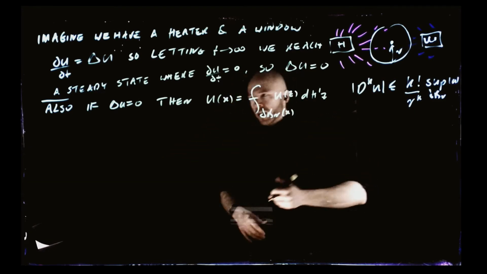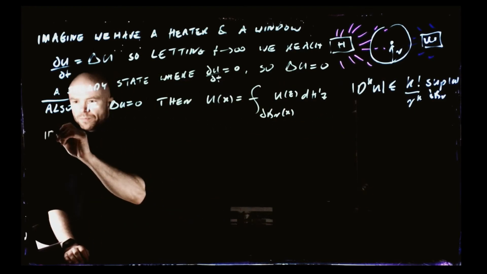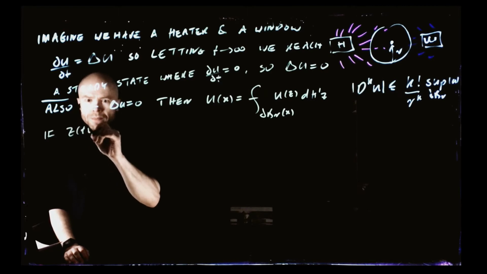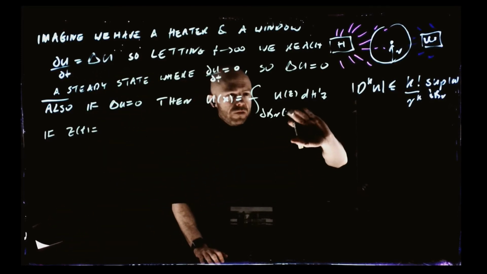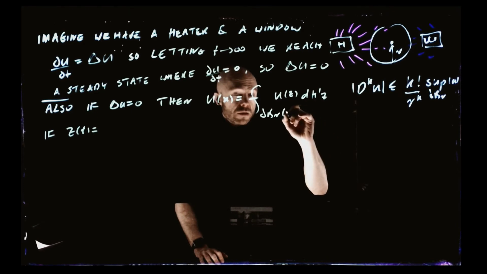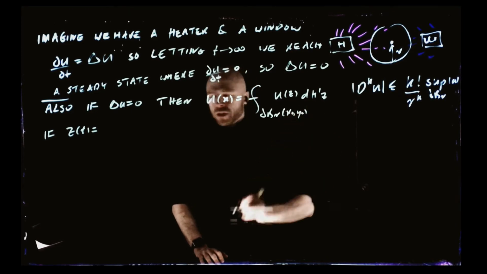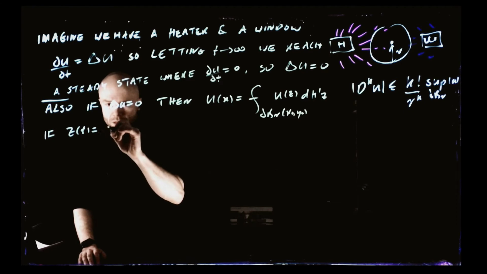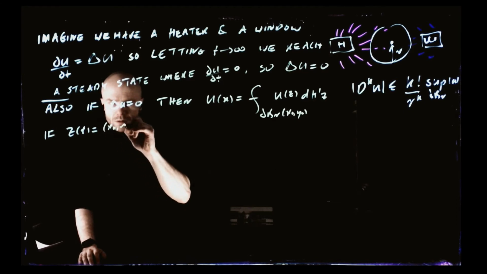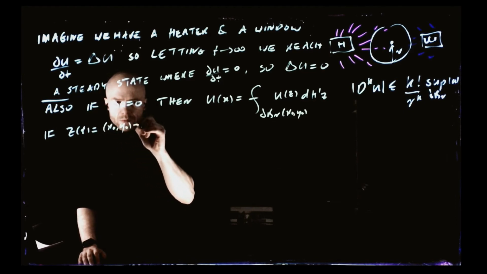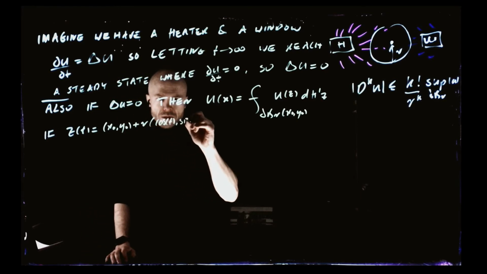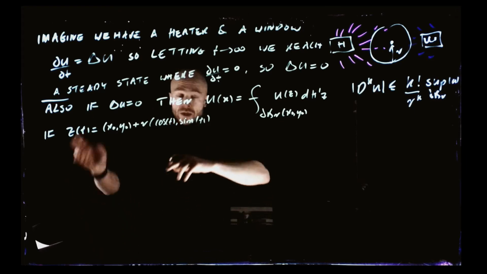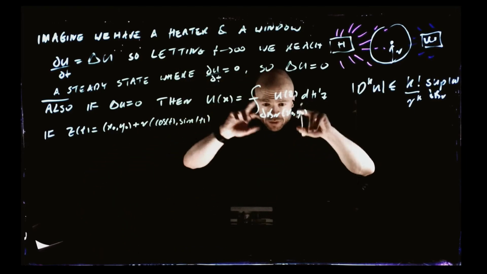So if we had a parameterization, so if z of t is equal to, oh, I should maybe write, since I'm carefully doing x and y, let's write x0, y0. If we had x of t is x0, y0 plus r times cosine of t, sine of t, that's a parameterization around this curve, right?